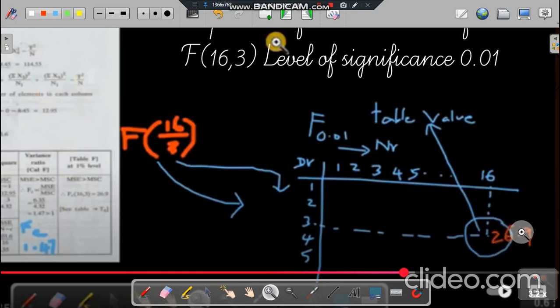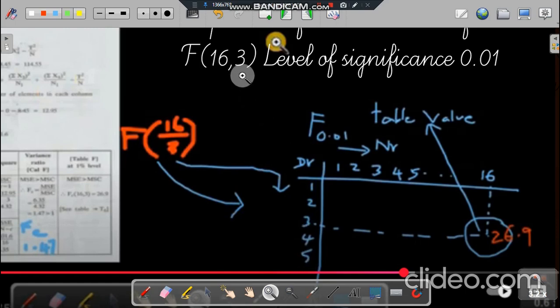Okay, so for 0.01 there would be a table that looks like this, F 0.01, with the numerator degrees of freedom on this side, and in this direction the denominator degrees of freedom.